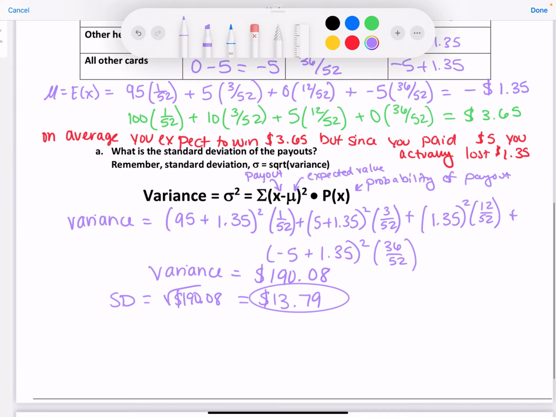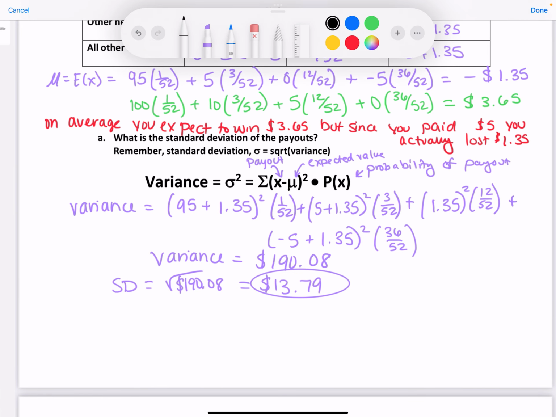And then a follow-up question that's not actually written on here, but that's something that's good to point out. Why is the standard deviation so much larger than the mean?